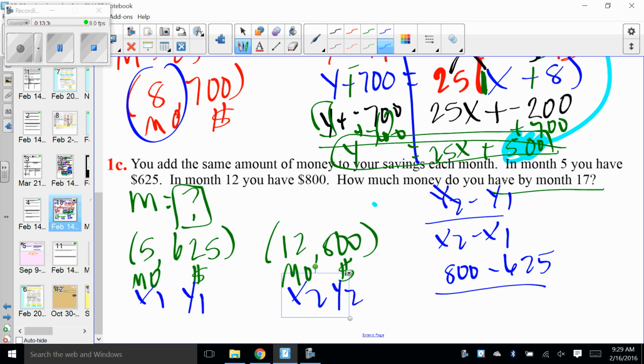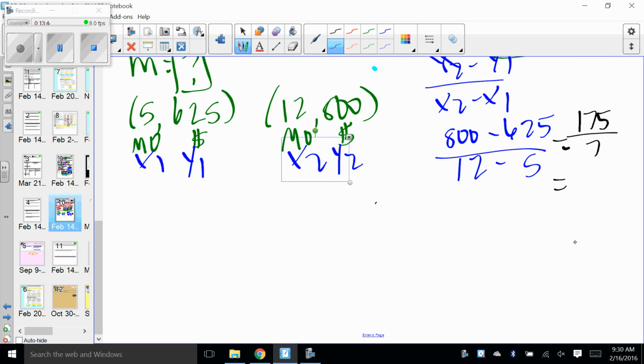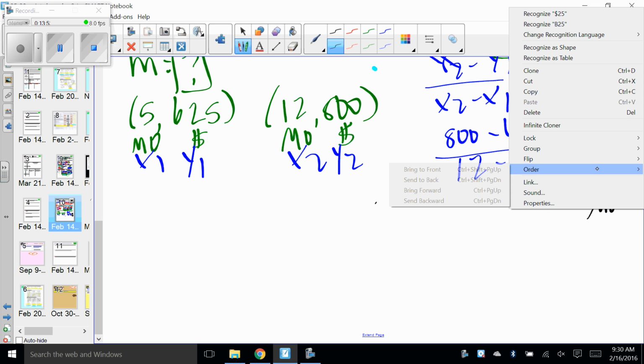And my x2 value is 12 minus 5. So 800 minus 625 gives me 175. 12 minus 5 is 7. So we end up with a slope of $25 a month, which is exactly the slope we've had in parts A and B, but that just proves it.